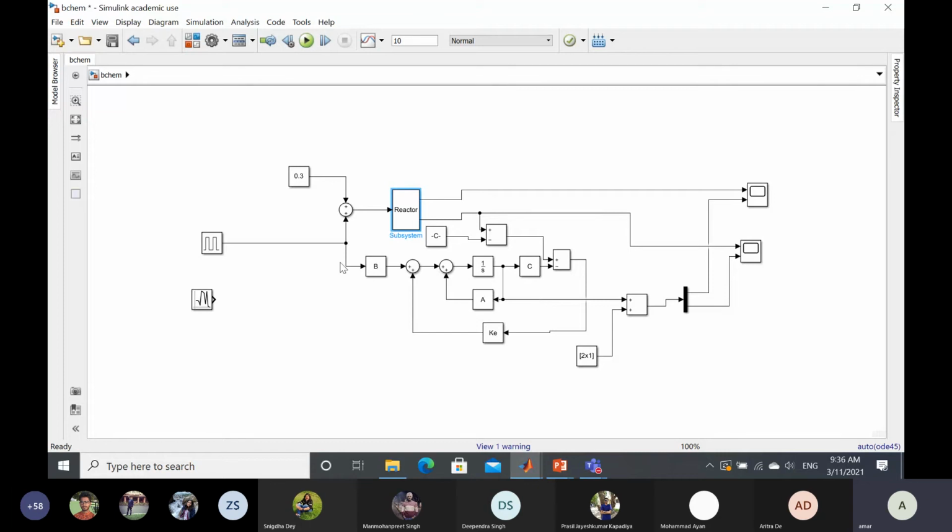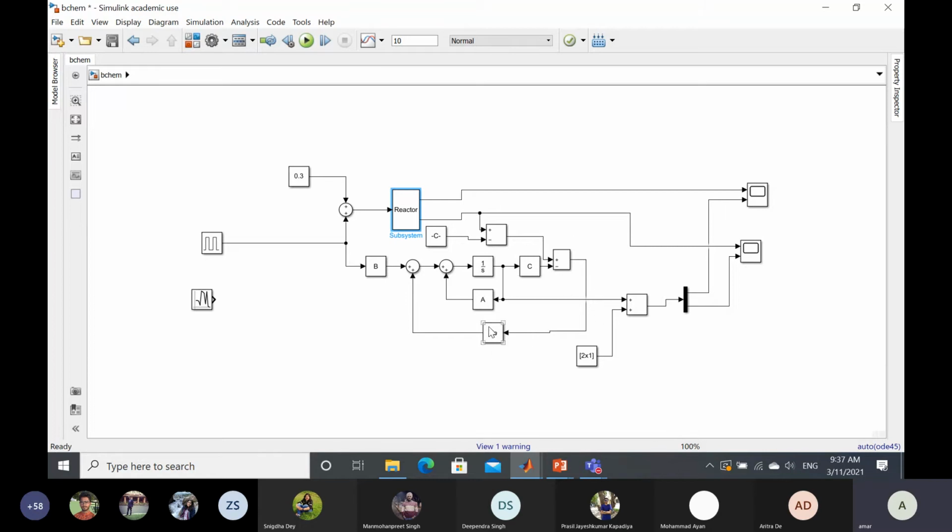This is B, the input I am getting from here. So B into U is the BU term, plus KE. I'm getting Y from here. Y minus CX is basically this term.